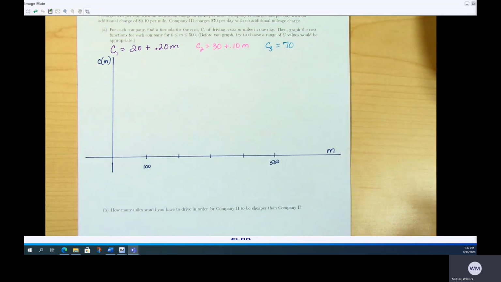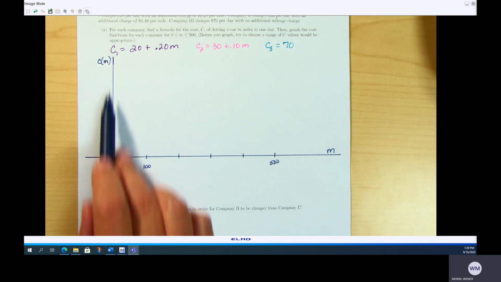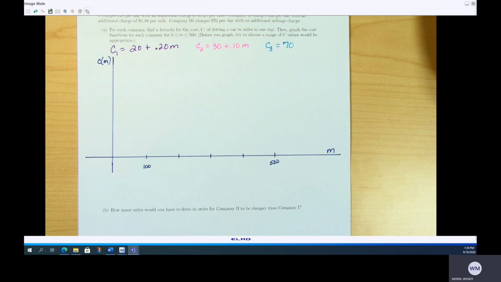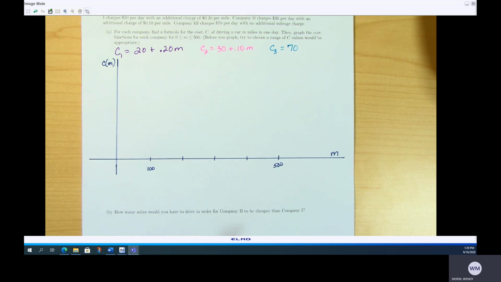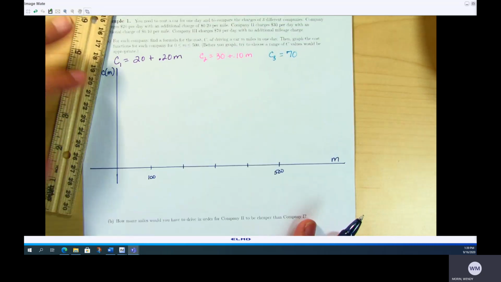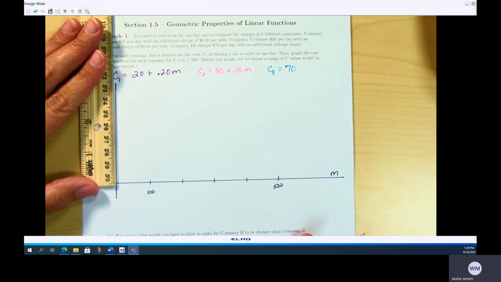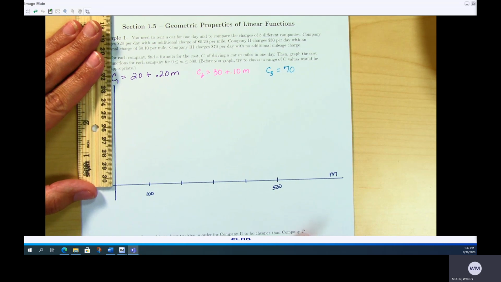All right, and then our y-axis here, I think I want to go by tens.